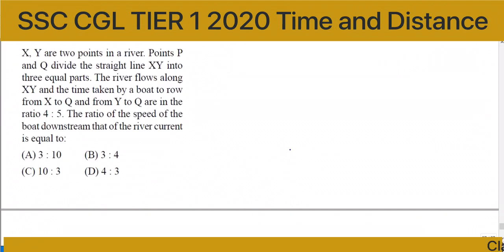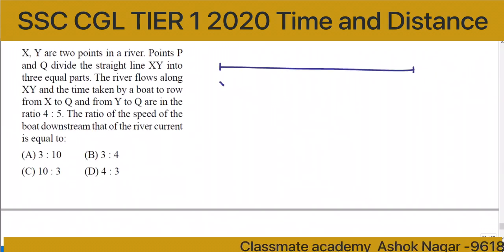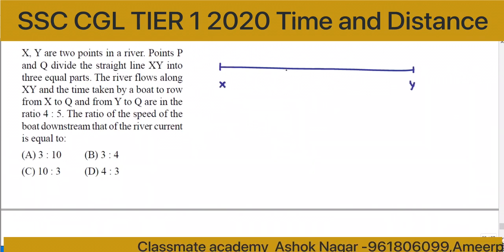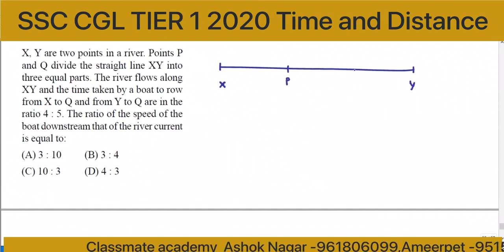Okay, downstream means X plus Y, river current means Y. See again, he is giving you 2 points X and Y. What are the 2 points between, P and Q?